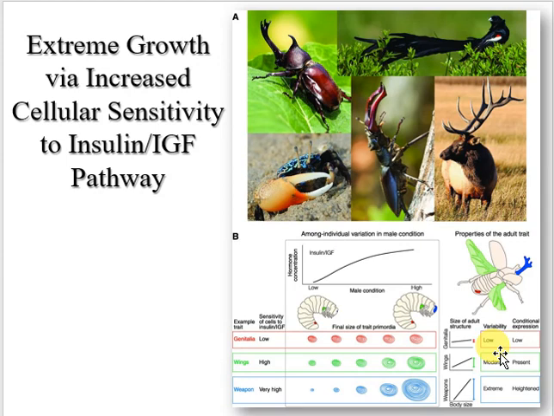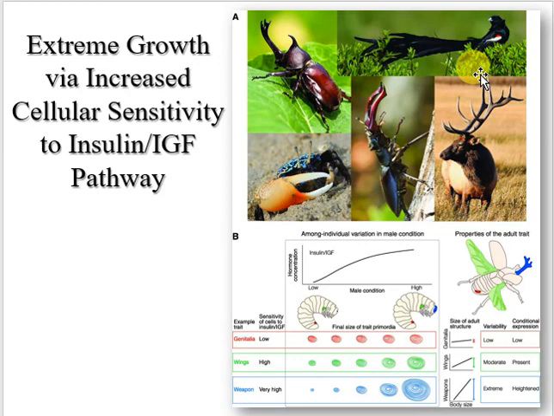There was a study done looking at the mechanism of growth in these structures, both your sexually selected weapons as well as sexually selected ornamentations, like the long tails on your South African magpie species.